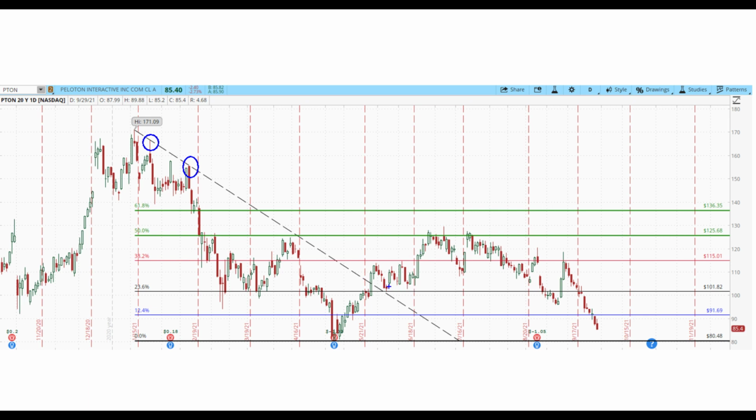From about $104, $105 up to almost $130. Huge move, huge profits, guys. This is powerful stuff if used properly. Okay, let's go to one last example.